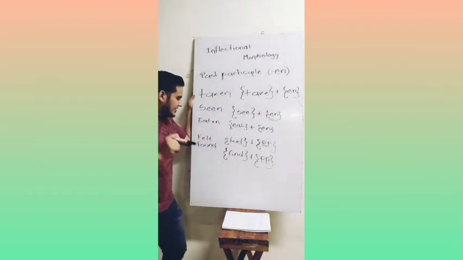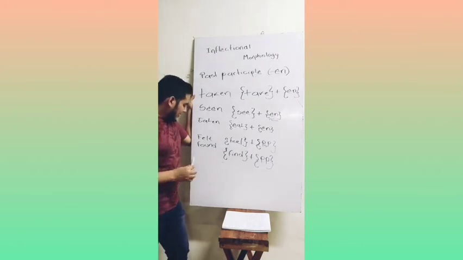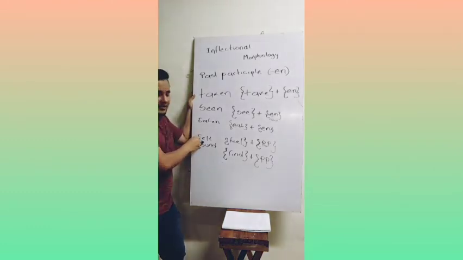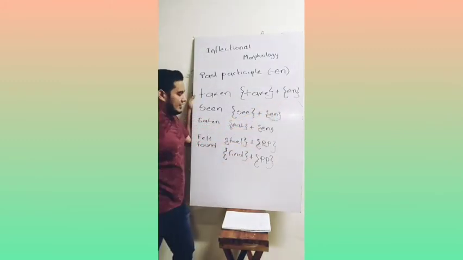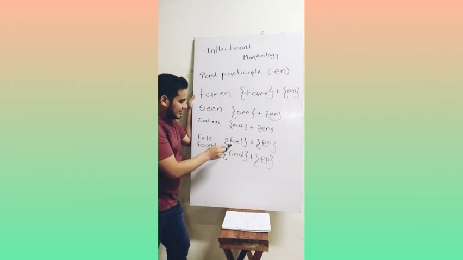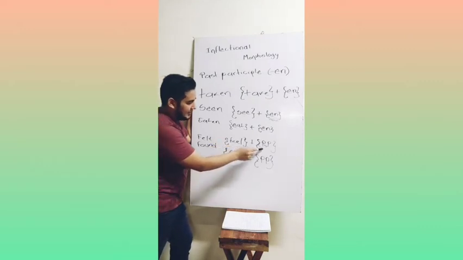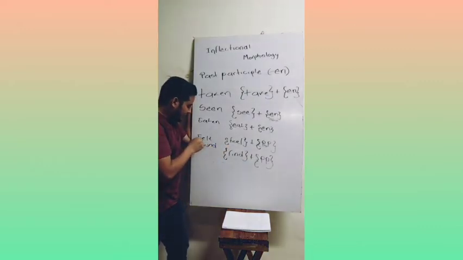Now we have some exceptions here, like for example, felt. This verb is in the past participle, but it doesn't have the suffix en. So we represent it as feel plus the past participle, we have felt.